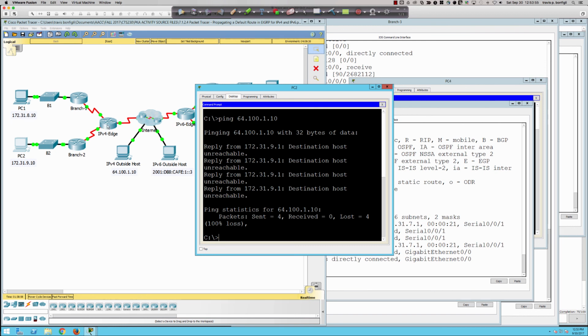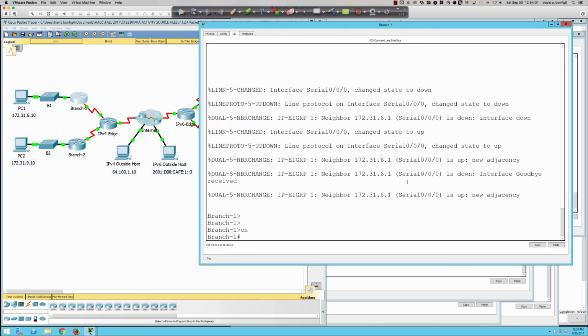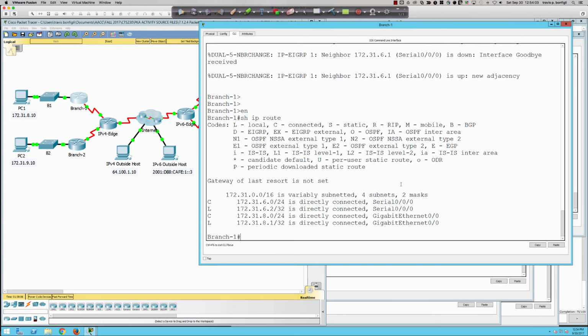And to wrap this up, if we come over to the branch 1 router and say in privilege exec show IP route, it looks like Packet Tracer is not going to entertain that summary that we configured there. What it would say is we would see a summary default here in EIGRP that would allow me to reach the IPv4 edge because I'm advertising that summary down across that serial link to the branch 1 router.